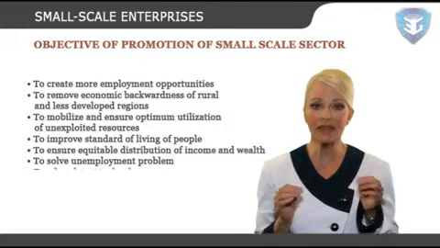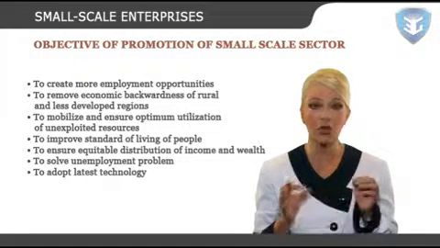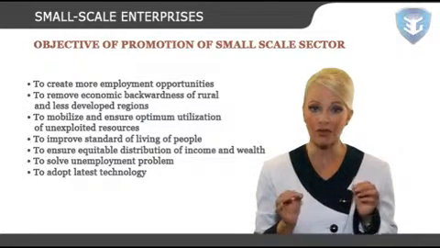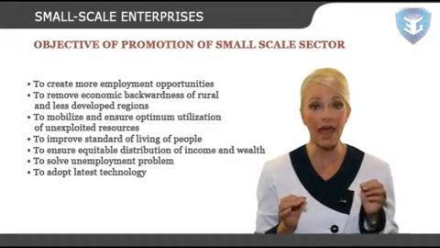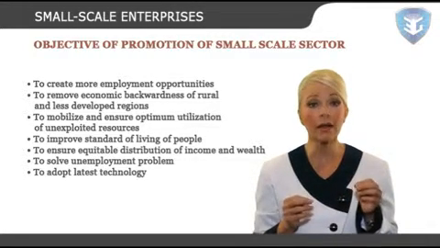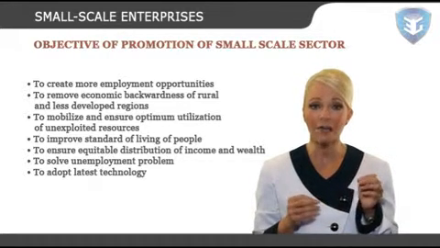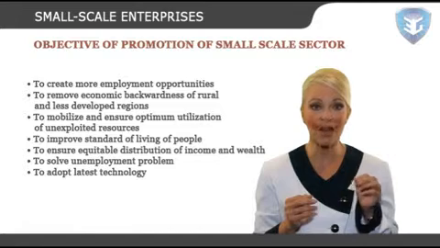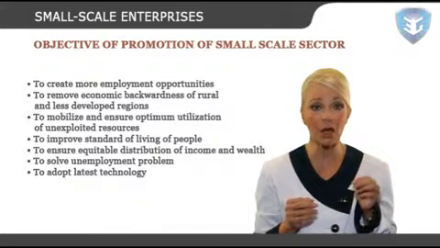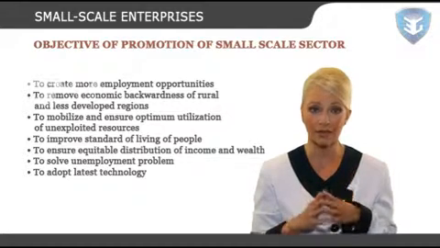To improve standard of living of people. To ensure equitable distribution of income and wealth. To solve unemployment problem. To adopt latest technology aimed at producing better quality products at lower costs.